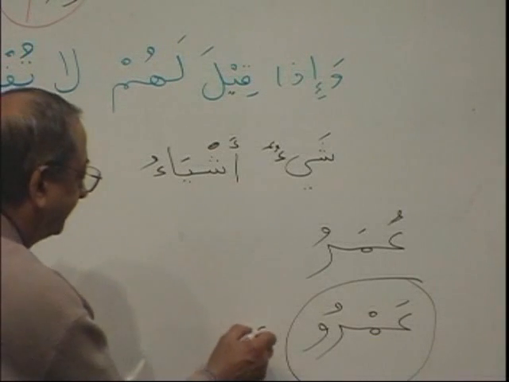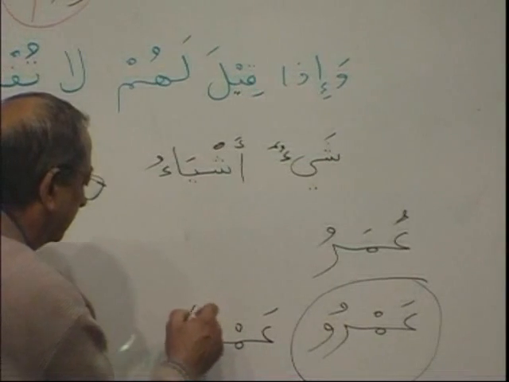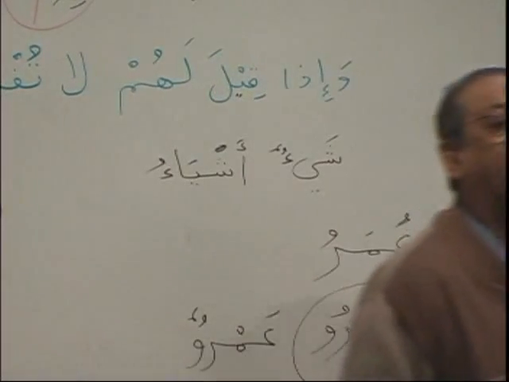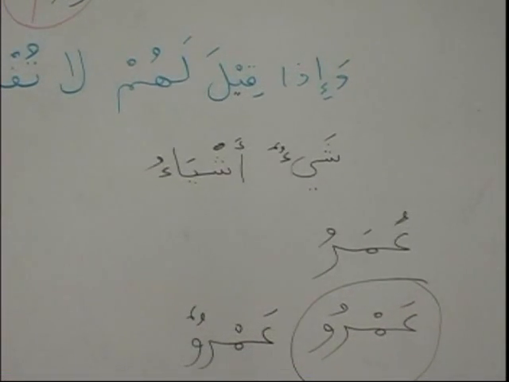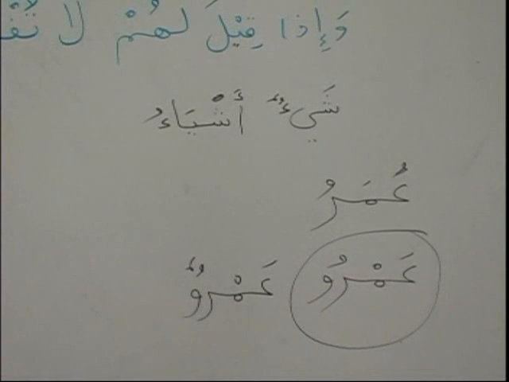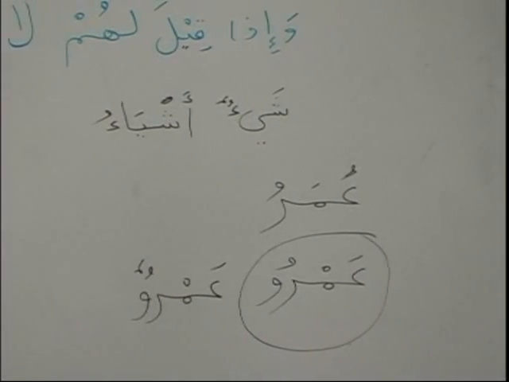This is Amrun. Are you with me? This is not diptote. There is an explanation for this. Try to understand as much as you can. But because this name is not common in our surroundings, this is the most common name we come across. Dr. Abdurrahim has just mentioned it.